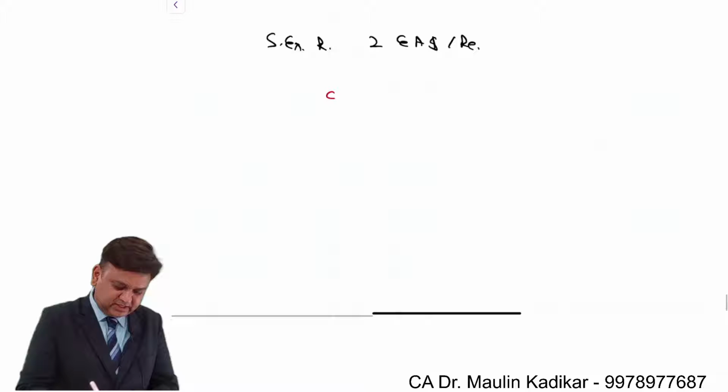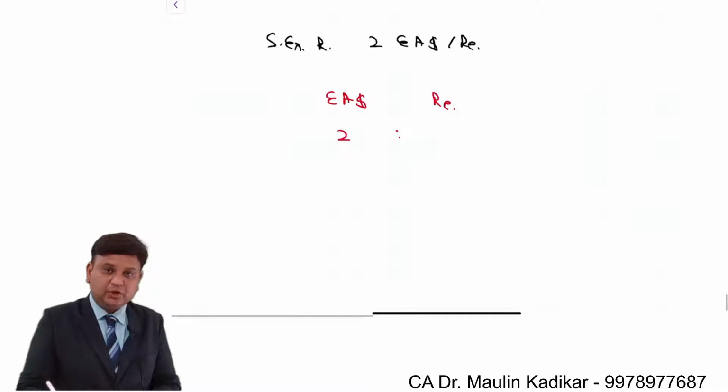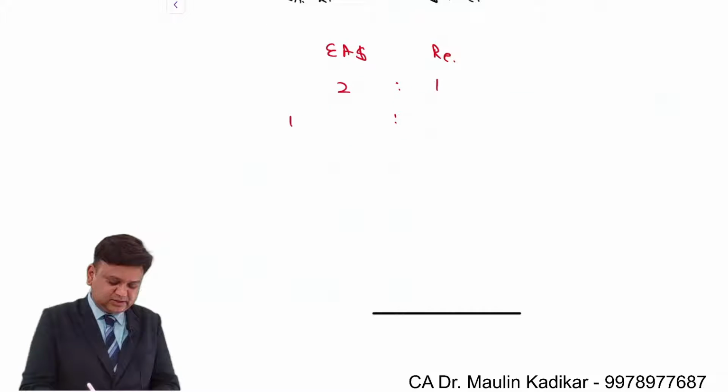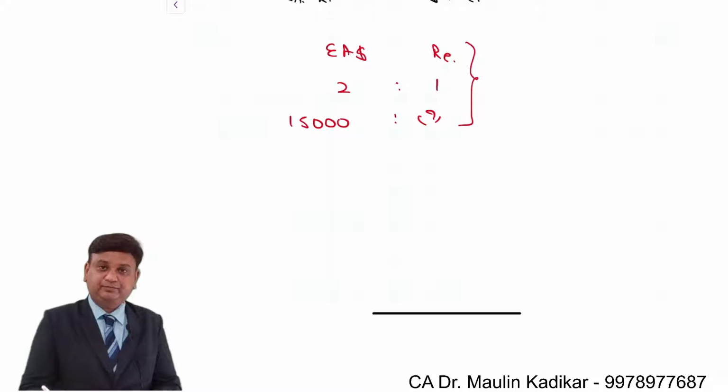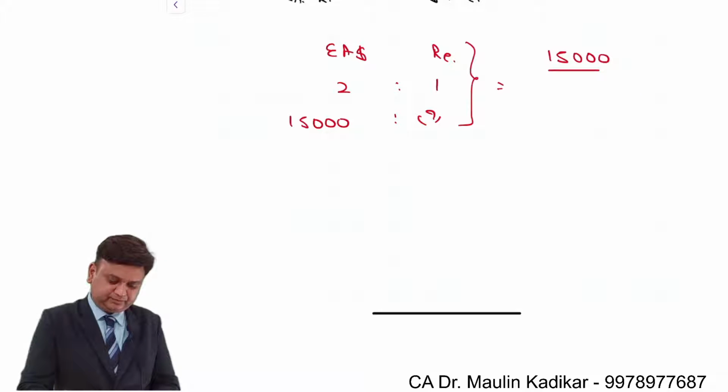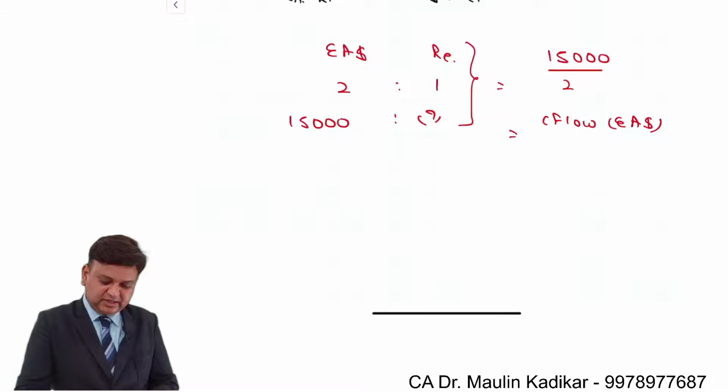So 2 East African dollars is equal to 1 rupee. For 15,000 East African dollars, this is the amount of rupees. So it is 15,000 into 1, that does not make sense, divided by 2. It means that the cash flow in East African dollar terms divided by the exchange rate, that is the way we are supposed to calculate the answer.